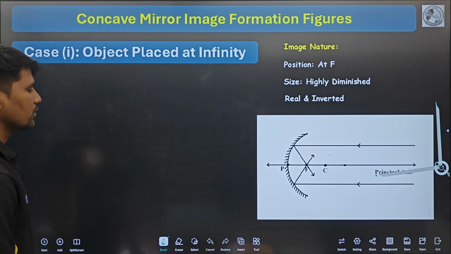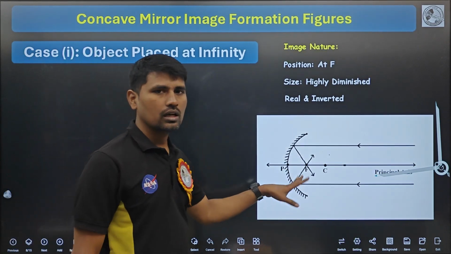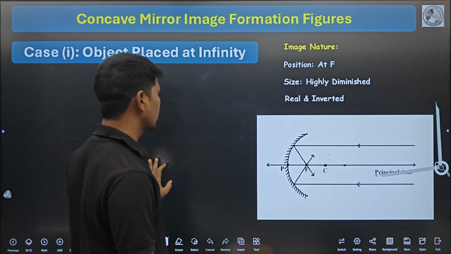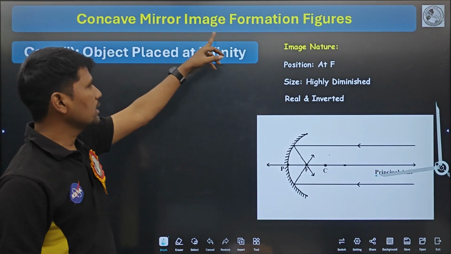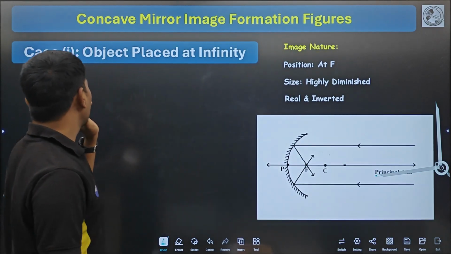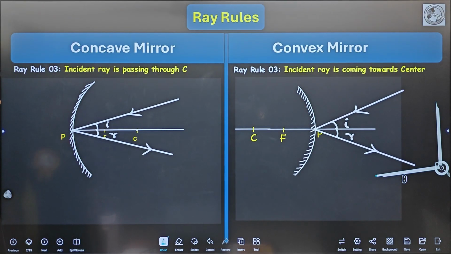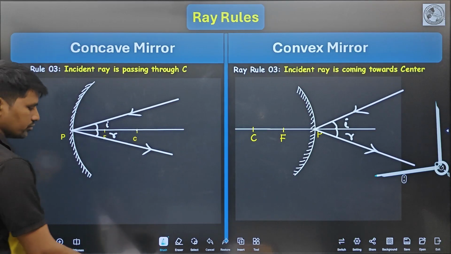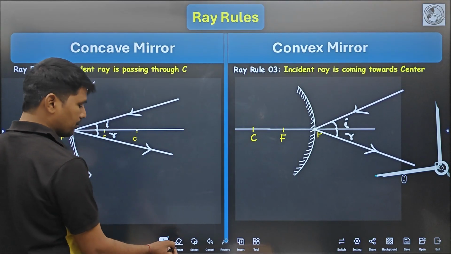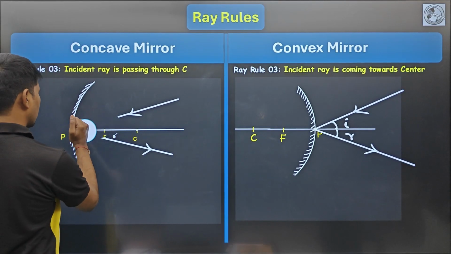Object placed at infinity. These are the final outputs, but first we have to draw the image formation figure, the concave mirror image formation figures. So how do we get the image when the object is at infinity? Here I am taking this figure's help. Both cases are discussed, I am just taking this one.